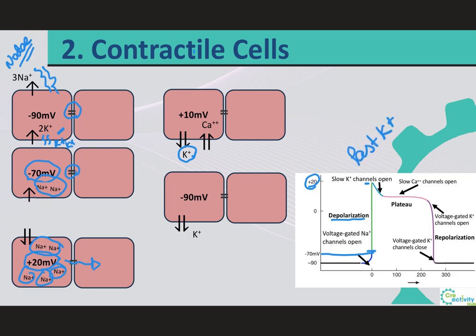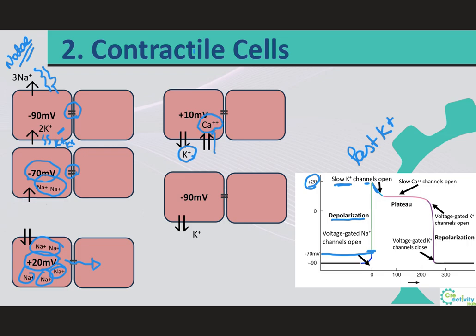And once they open, because they're fast, the membrane potential will drop drastically by about 10 millivolts. And right after this fast drop, the fast potassium channels close, and then the slow potassium channels open, allowing this positive ion to slowly exit the cell. And then the calcium channels also open and calcium moves into the cell.